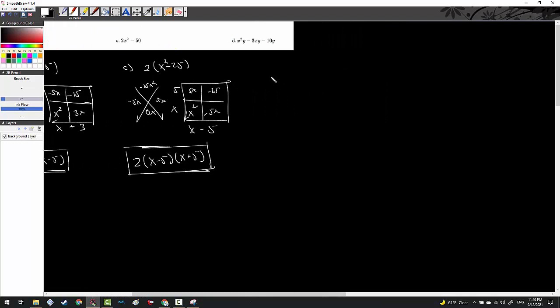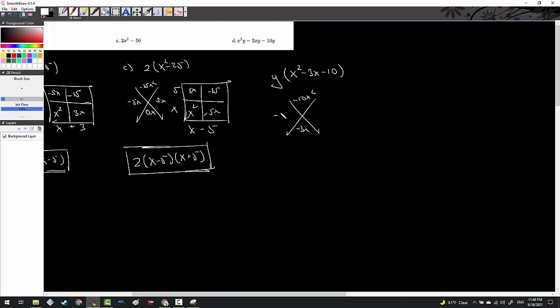Okay, with D, looks like we're going to factor out a y. Notice how I see that so quickly, right? Partly it's because of experience, but you can see it too. Look for what they have in common. And so you have x squared minus 3x minus 10. And so again, into the area model. Negative 10x squared, negative 3x.